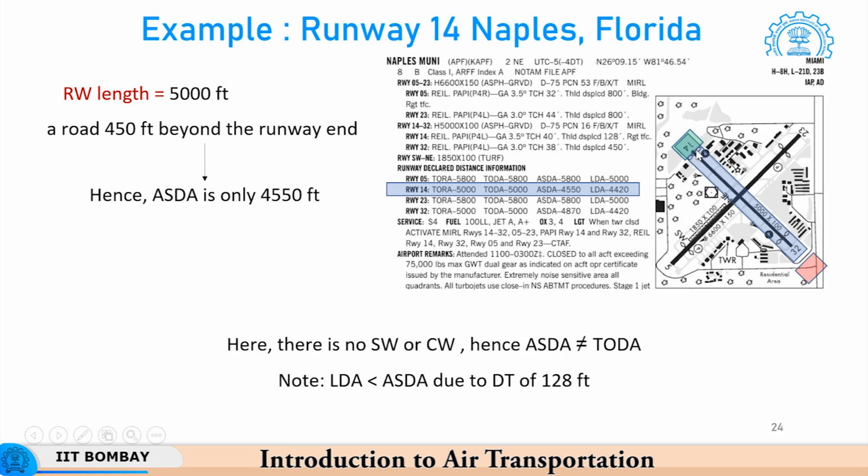So, LDA is going to be ASDA minus 128, which becomes approximately 4420. So, TORA and TODA are 5000 feet for runway 14, ASDA is 4550 feet because of the presence of this road, with only 450 feet available at the end of the runway, and LDA is 4420 because of the displaced threshold of approximately 130 feet.